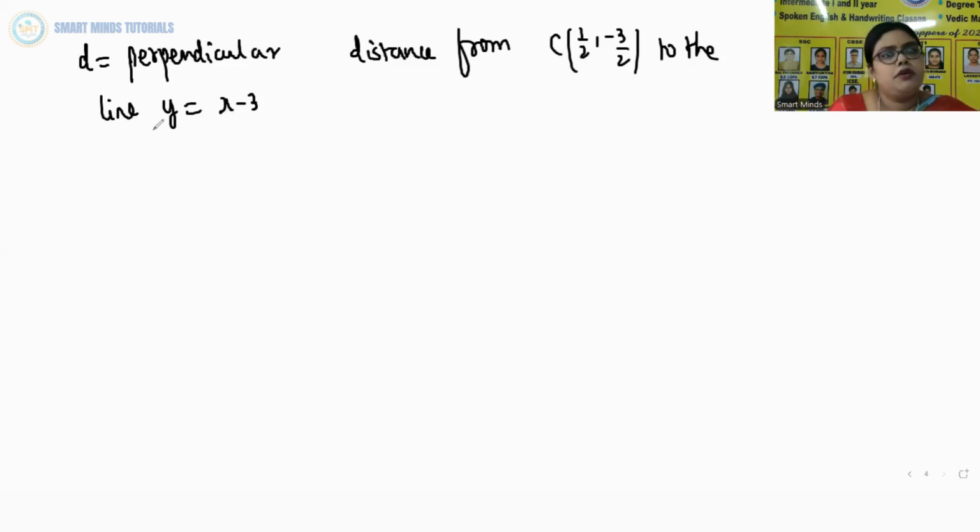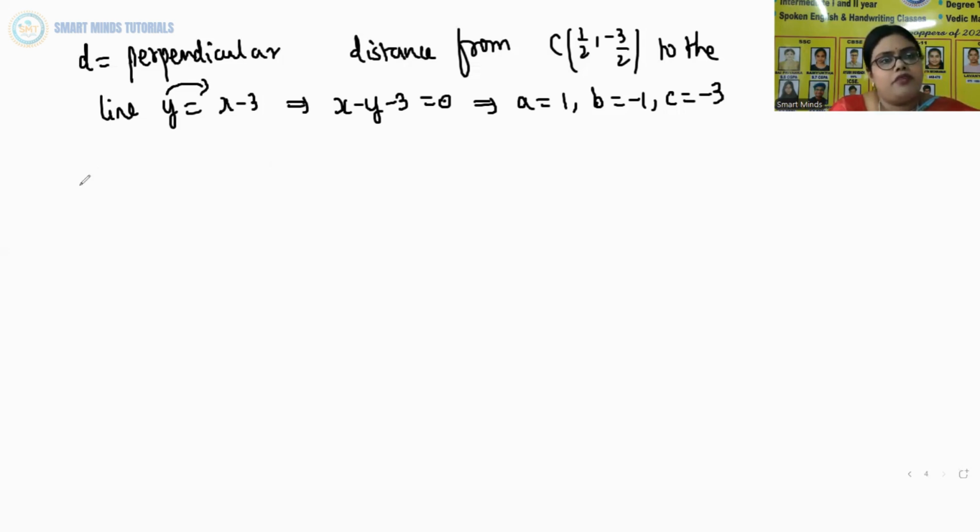But we need to shift all terms to one side to find a, b, c values. So let us take y this side. So we get x minus y minus 3 is 0. We are taking y to the other side, so only y's sign will change. Remaining all remains the same. Okay, so from here we get a, b, c values. a is 1, b is minus 1 and c is minus 3. Be careful about the signs. Don't take b as simply 1. You should take minus 1.